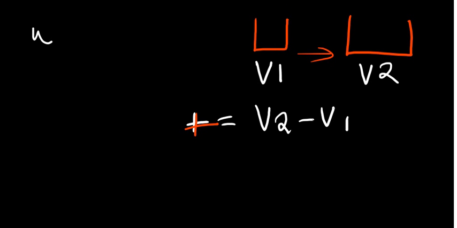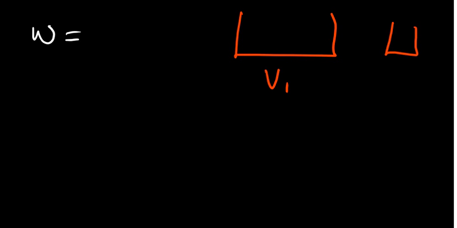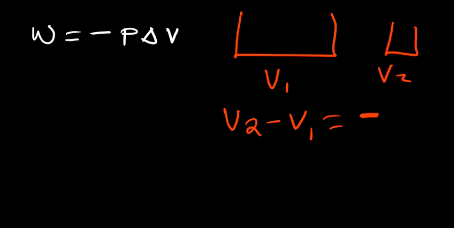It's going to be positive when it's the opposite, because when you start with something bigger and get to a smaller one, that is compression. So what are we saying here? Our volume 1 is greater than volume 2, implying that volume 2 minus volume 1 is negative. Since the formula also has a negative, multiplying a negative and a negative gives a positive work.